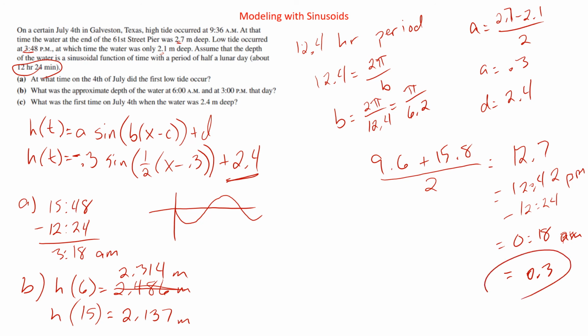It was 0.3. But you could still find that using the graph. You'd graph 2.4 and find the intersection point. I was just expecting it to be a number that's not the center line. But we already found that, so part C was at 12:18 a.m., because we don't have 0:18, because why not?